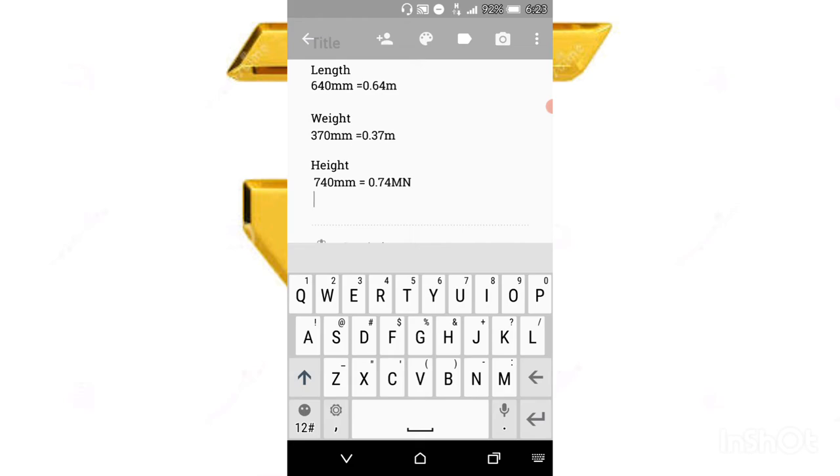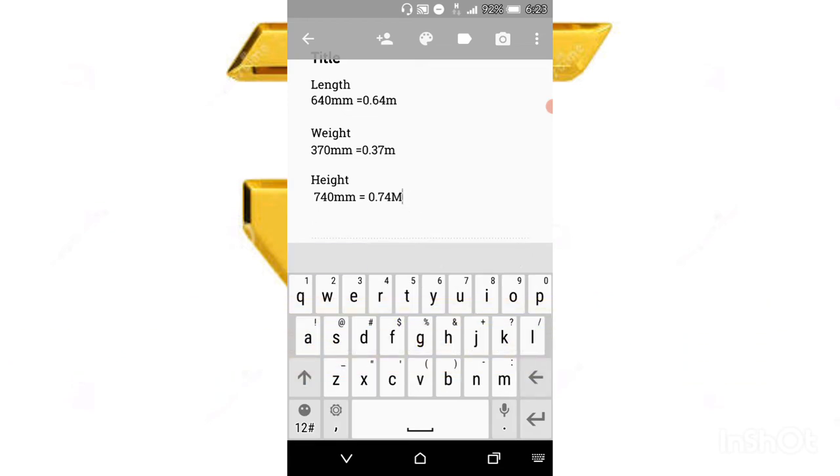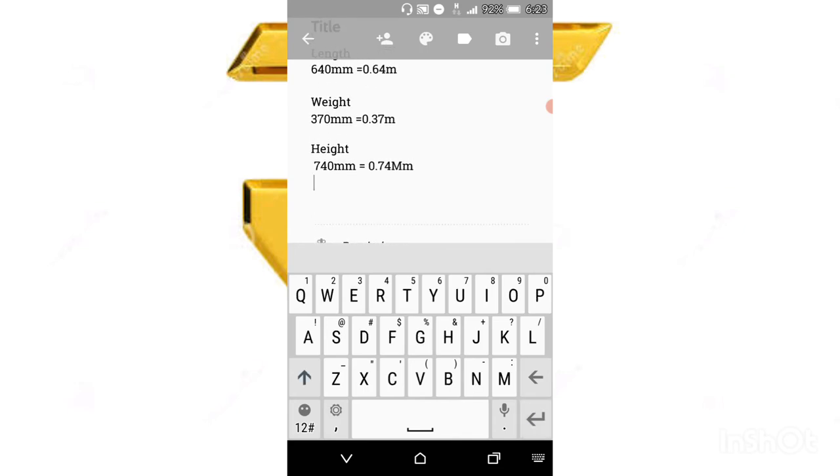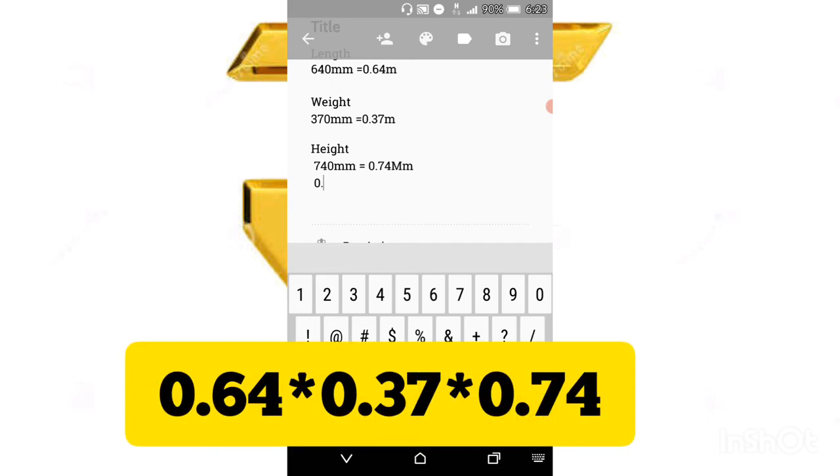So the next thing I have to do is to multiply everything: my length, my width, and my height.